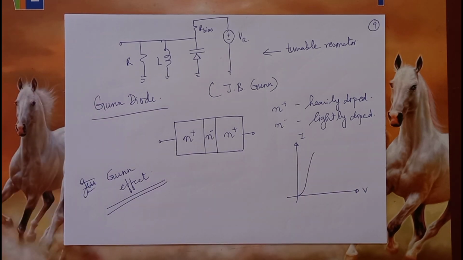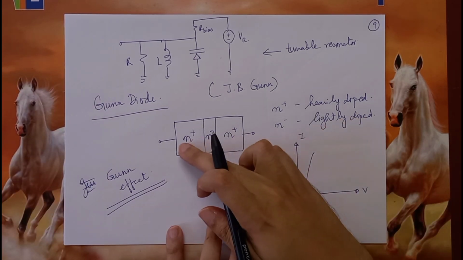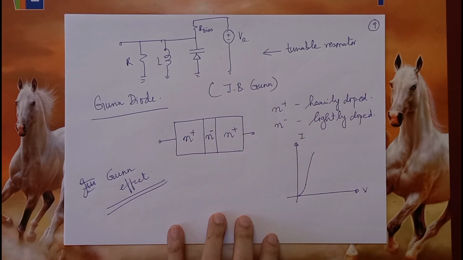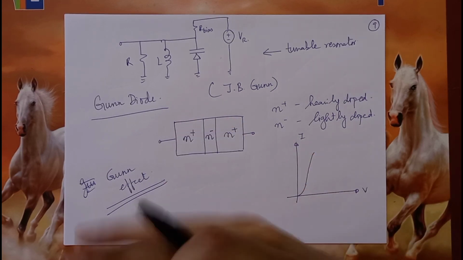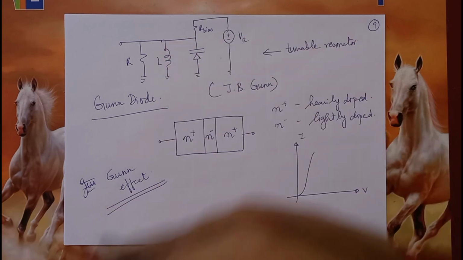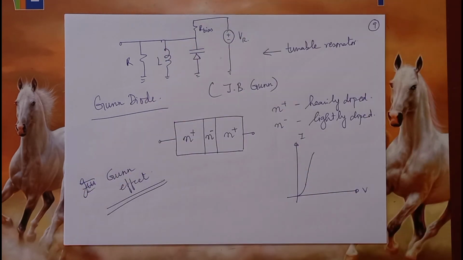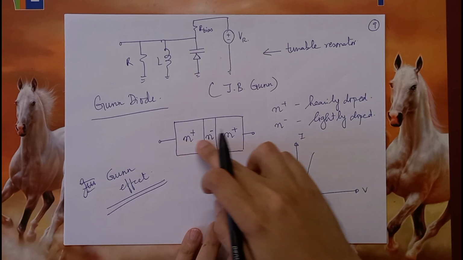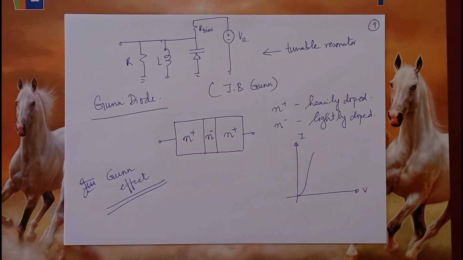The Gunn effect shows that once this kind of device starts conducting in large numbers... If you remember, all semiconductor devices work on the principle of energy bands. You have the Fermi level, the valence band, and the conduction band. So up until here, the electrons in large number are in the conduction band.